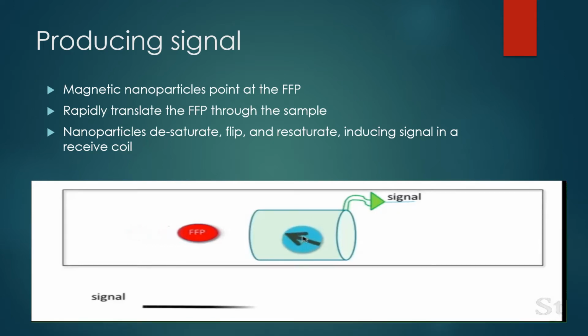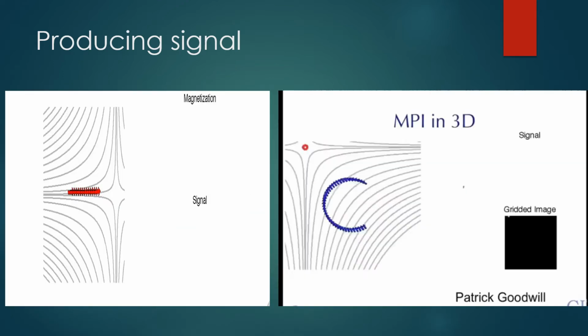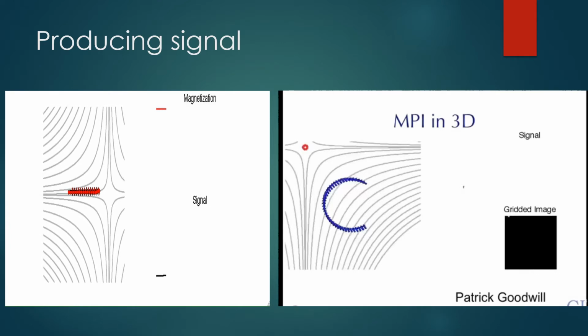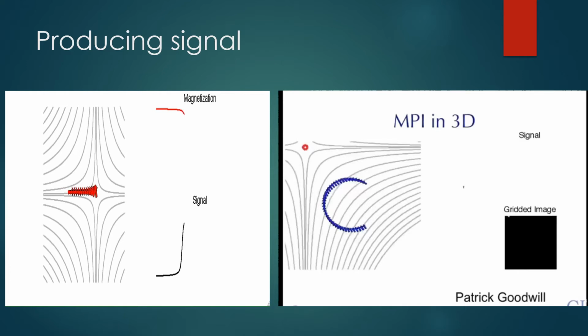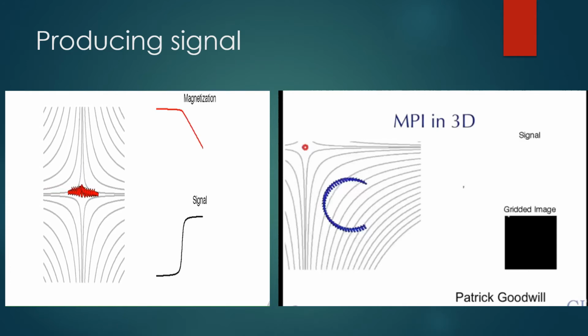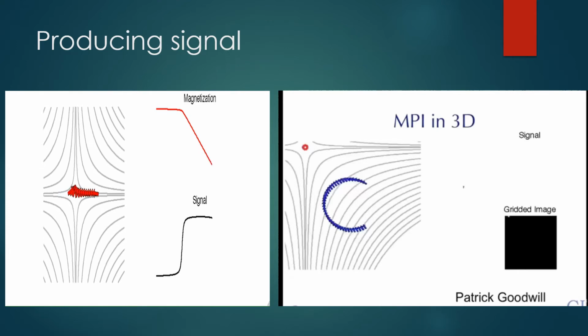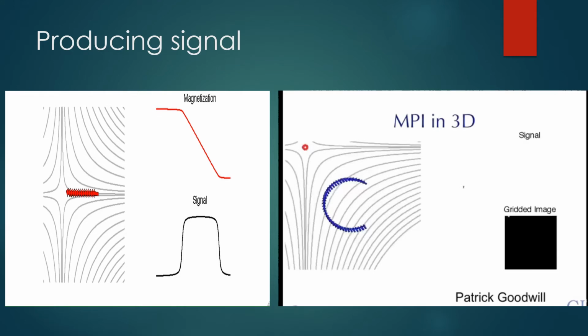You can see when the field free point crosses the nanoparticles, they flip and produce a signal. Here we can see a line of nanoparticles, and when they cross the field free point, they flip, and by their flipping we can see the signal produced, and then they are resaturated.